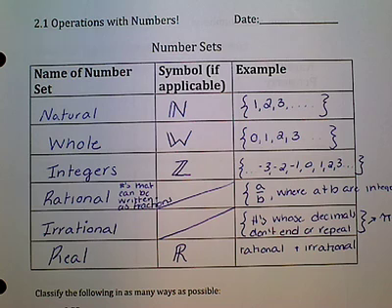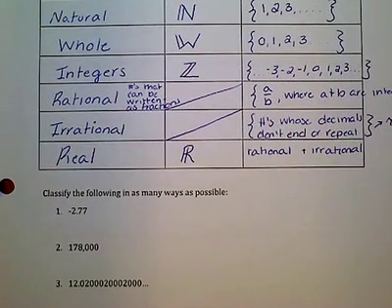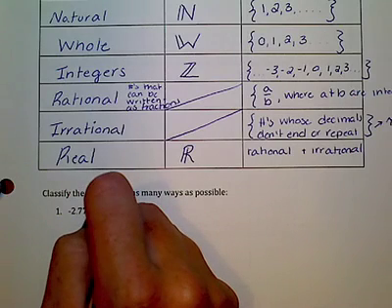So let's practice classifying numbers. I think if you're a little confused so far, this will make a little more sense. Look down here at number 1. Take the number negative 2.77, and we want to classify it in as many ways as possible. I always start at real. Basically, any number that you're going to see right now is real. So this is definitely a real number.